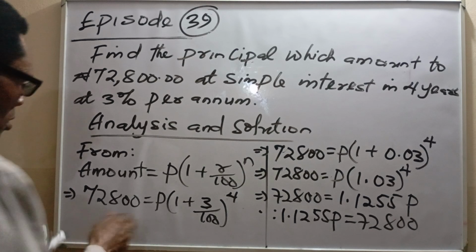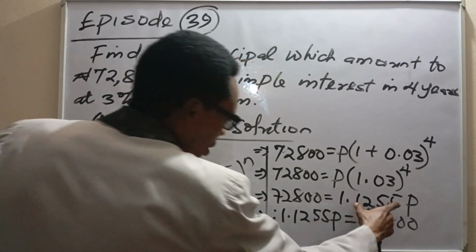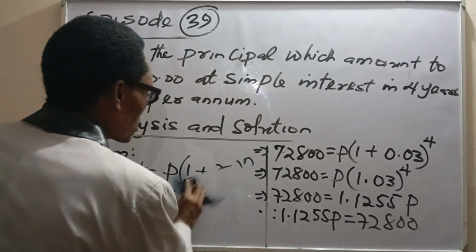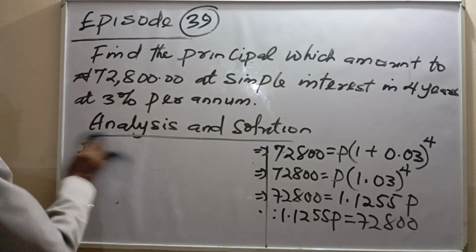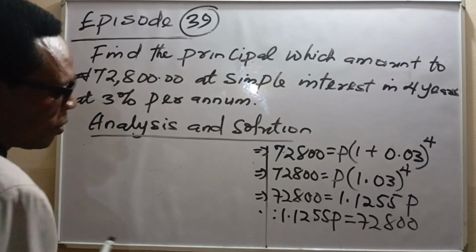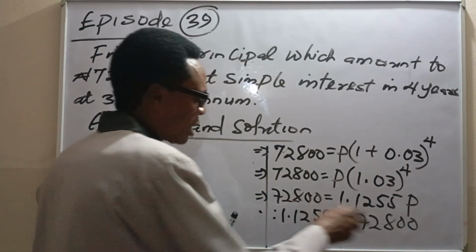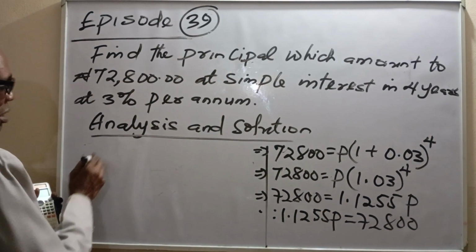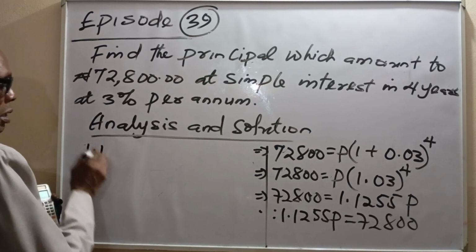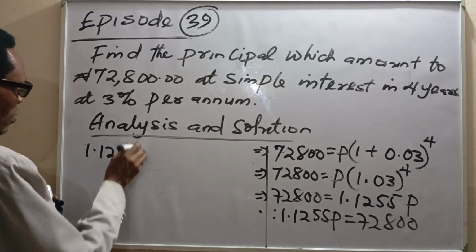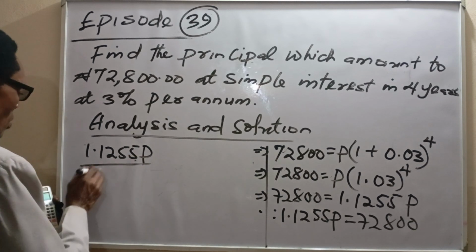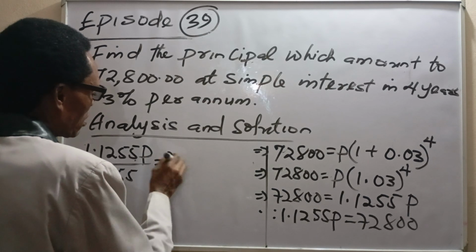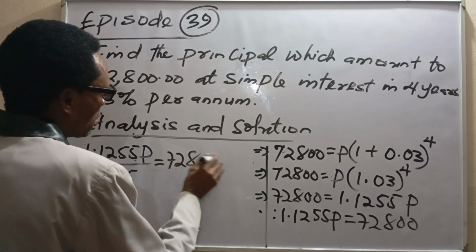So let's clean this side. At this stage, we divide both sides by the coefficient of P, because P stands for principal. Therefore 1.1255 P all over 1.1255 equals 72,800 over 1.1255.